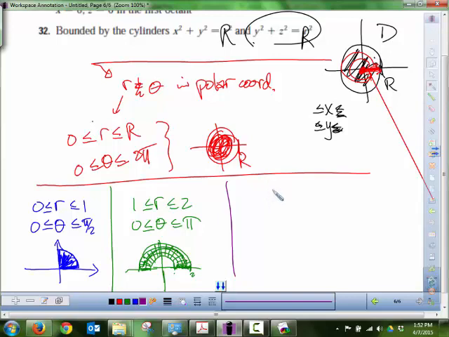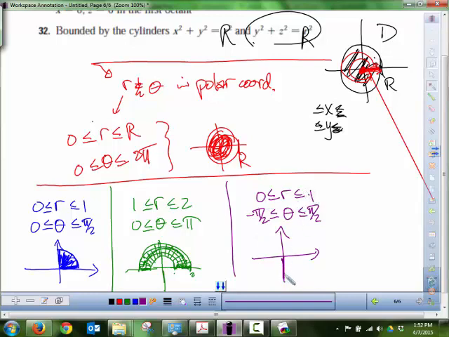So if I let my R go from 0 to 1 and my theta go from negative pi over 2 to pi over 2, what do I have? Right side or left side? Right side. You start with negative pi over 2.